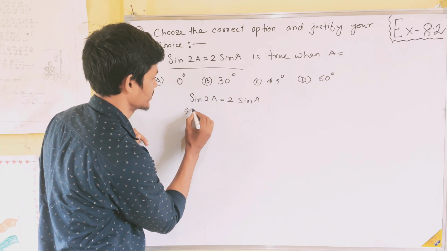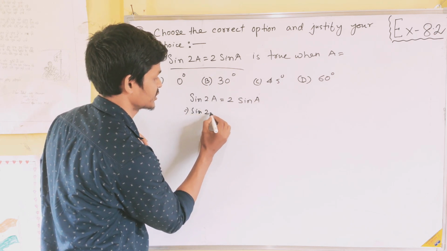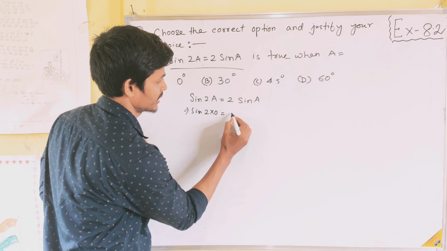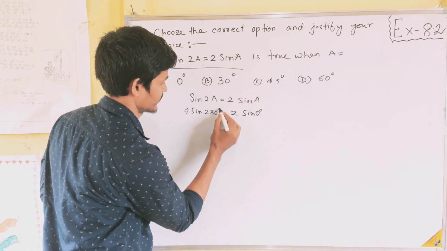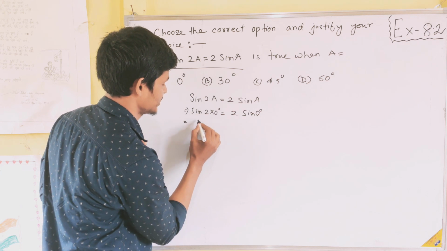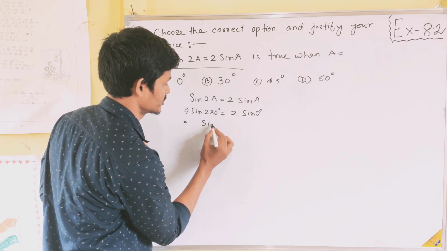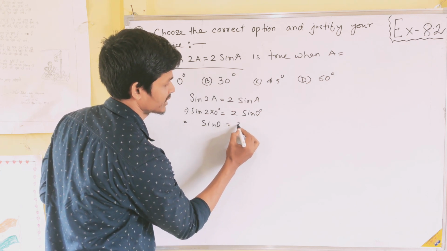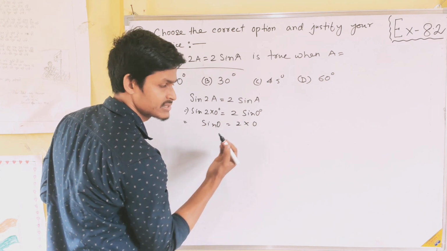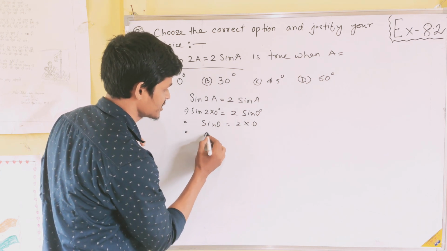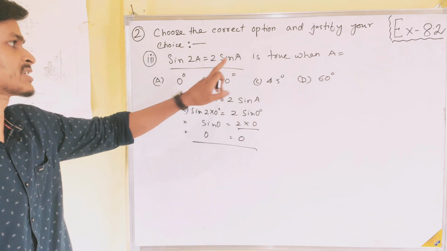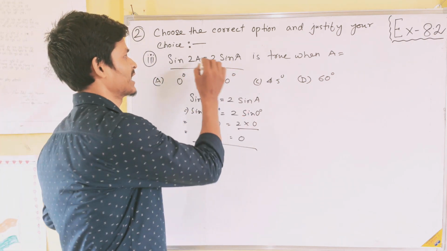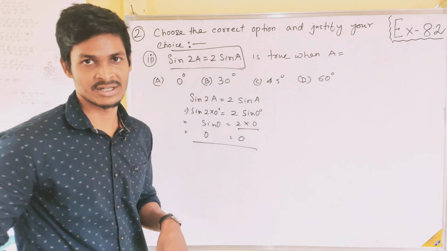Sin 0 degree equals 2 sin 0 degree. Sin 0 is 0, and 2 into sin 0 is 0. So for 0 degree the condition is correct.